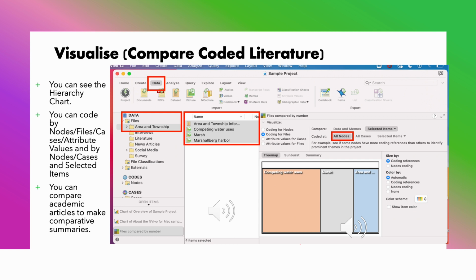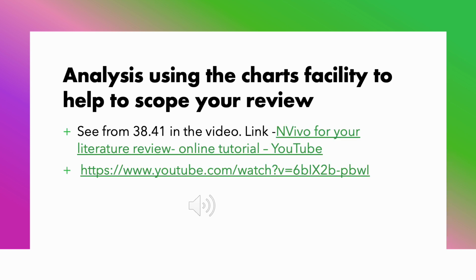You can look at different videos about charts to help you scope your literature review. Here is another recommended video for you. We would say start watching from 38.41 in the video link and see charts facility to help you scope your literature review.